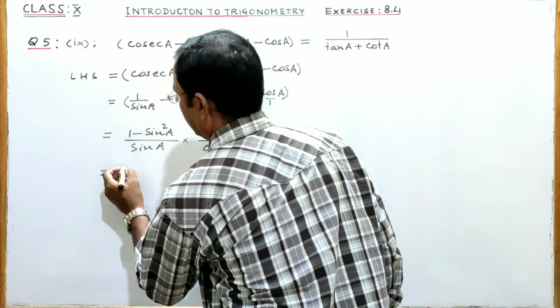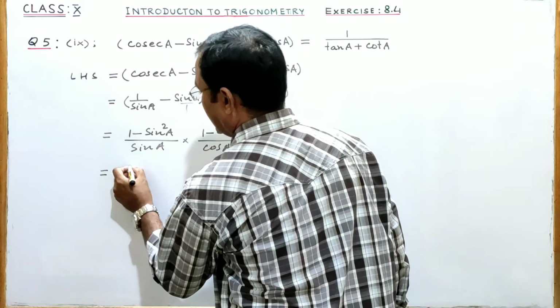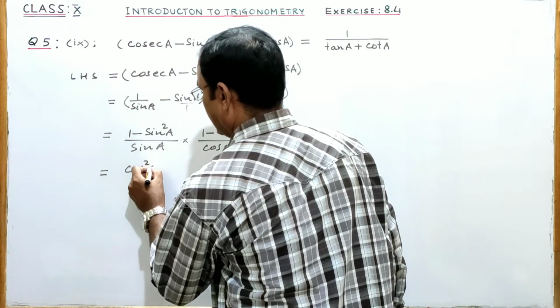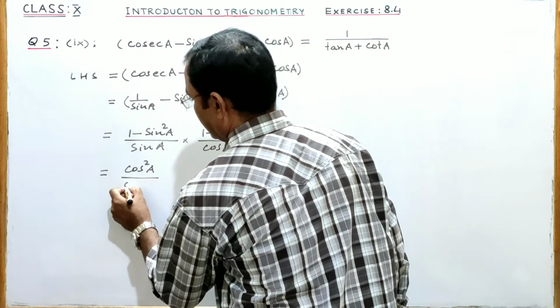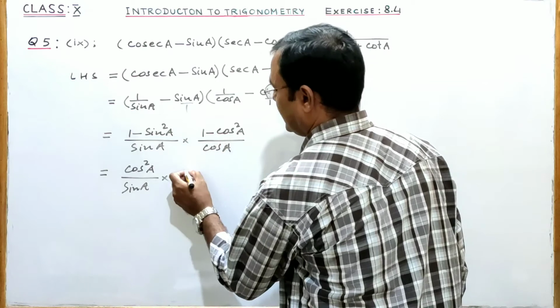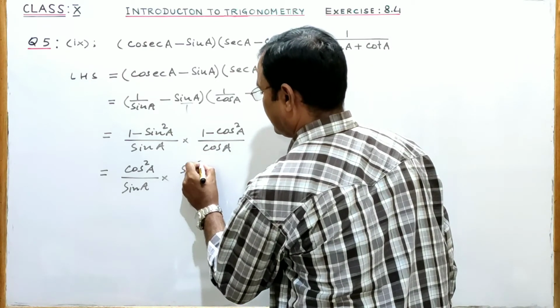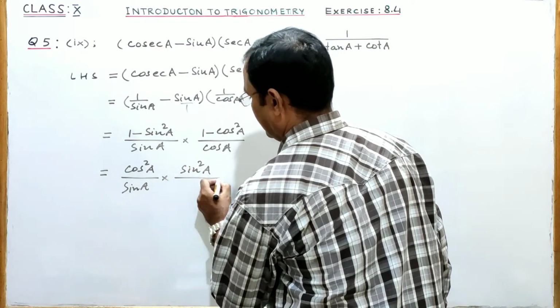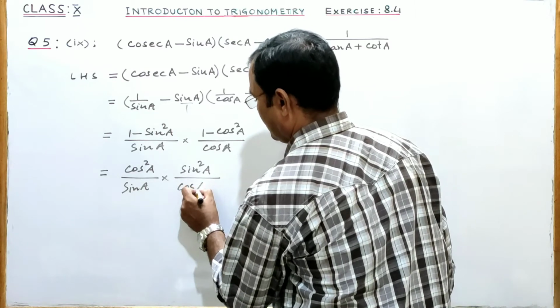So this is equal to 1 minus sin square a is cos square a by sin a into 1 minus cos square a is sin square a by cos a.